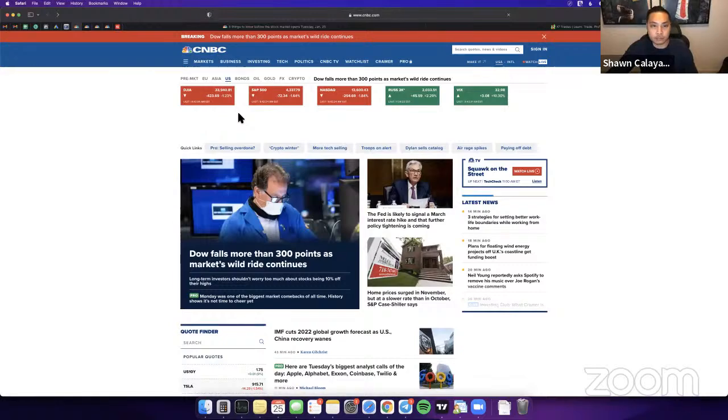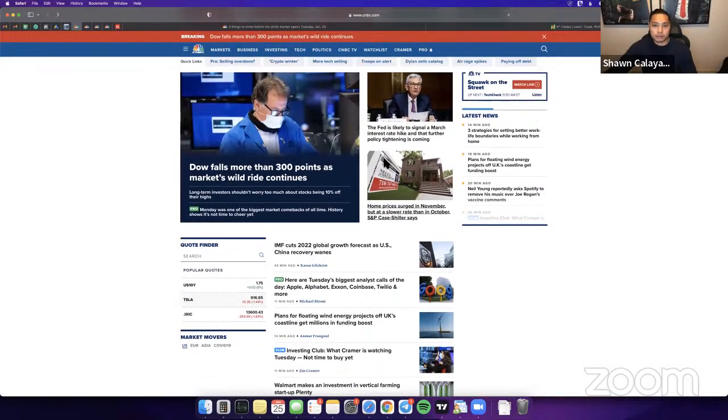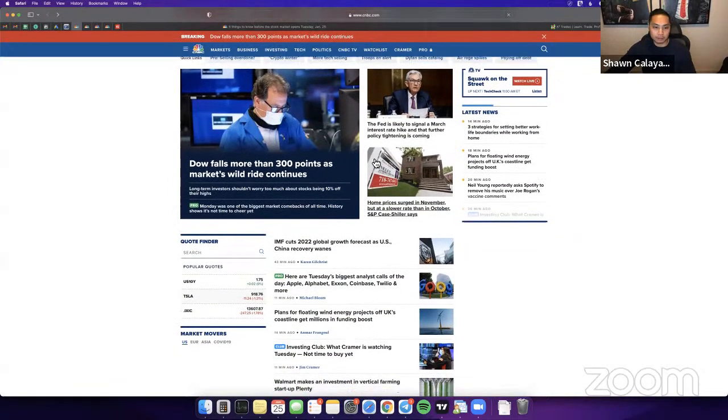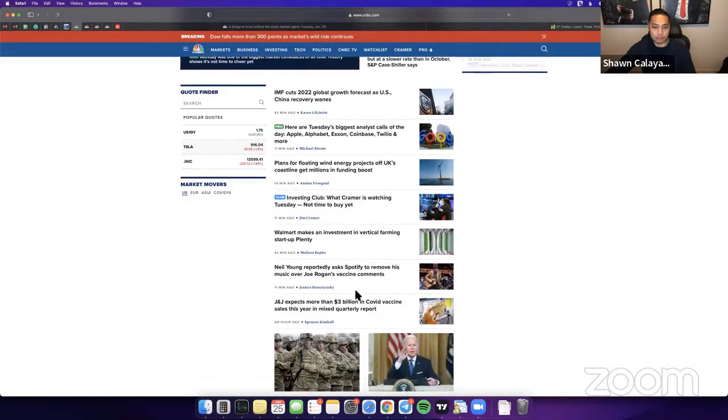The entire index is pretty much all red right now. Looks like the Fed is likely to signal a March interest rate hike, and that further policy tightening is coming. So well, that sucks, but we'll see how that plays out. Other than that, I don't see anything else here really.